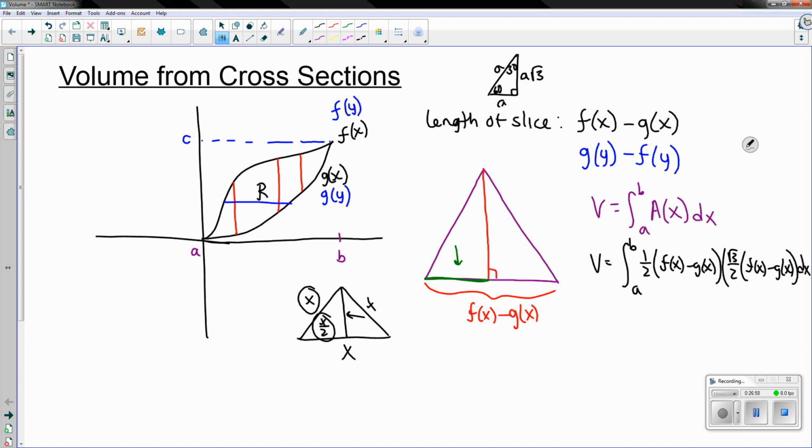And we can condense that down if we want, because ultimately we're going to have to anti-differentiate this if it's a non-calculator problem into square root of 3 over 4 f of x minus g of x squared dx. And you could pull out that square root of 3 over 4 outside the integral and work from there. So that one's a little more complicated, as you can see, but still doable if you understand the relationship between sides for equilaterals.